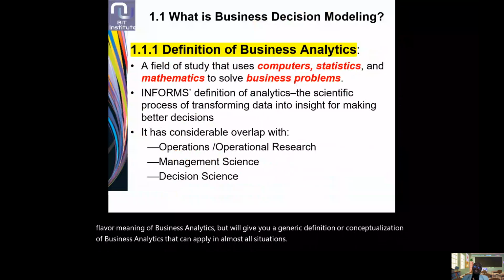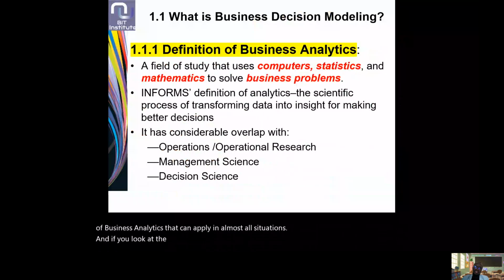The course text defines business analytics as a field of study that uses, number one, computers, statistics, and mathematics to solve business problems. So they try to underline the key disciplines that define the field of business analytics or business decision modeling.